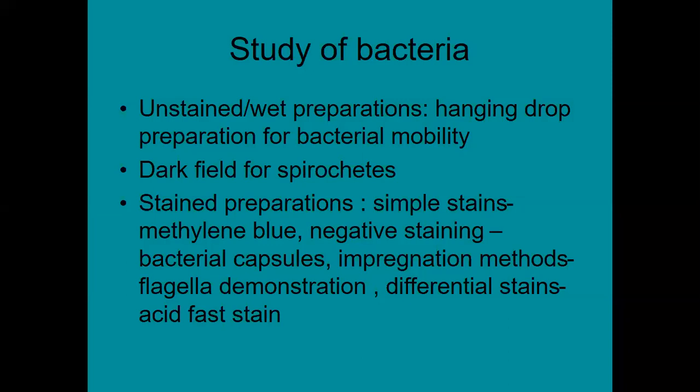So you have got a simple stain, means a single stain, negative stains, impregnation methods, and differential stains, which are used, dark field microscopy, or wet preparations like hanging drop preparations, which are used for observing the bacterial motility.